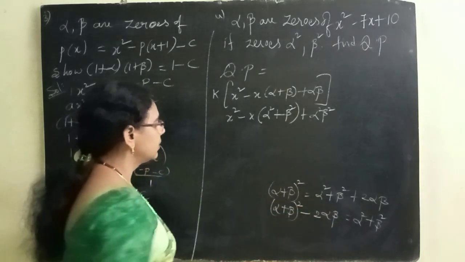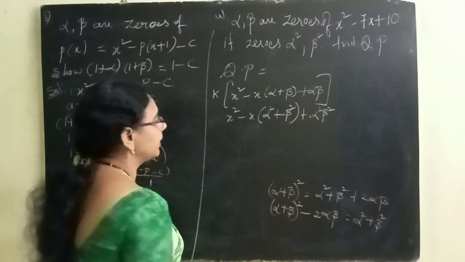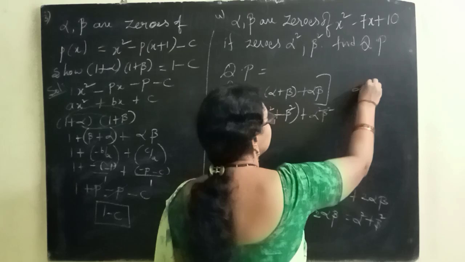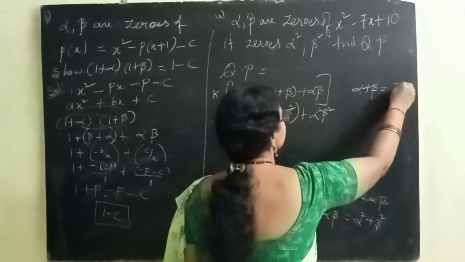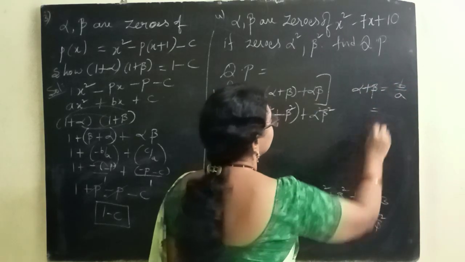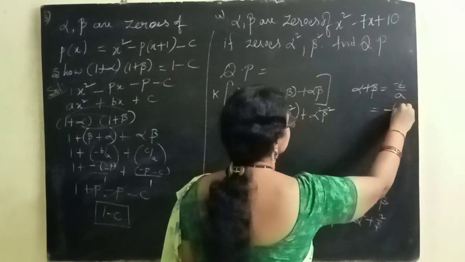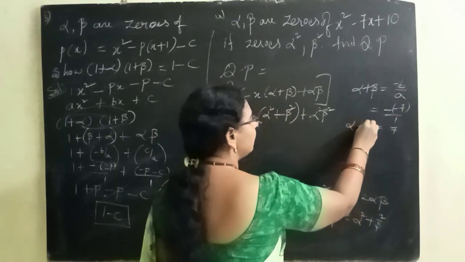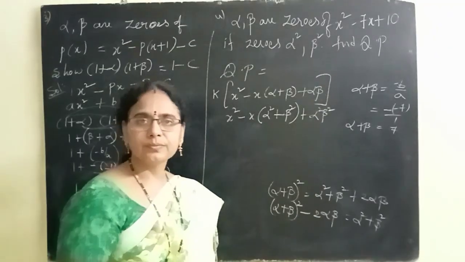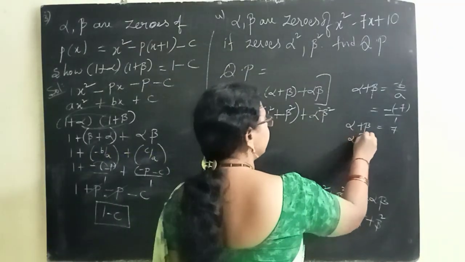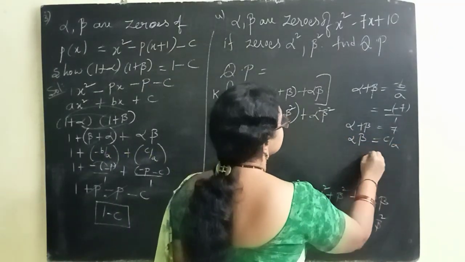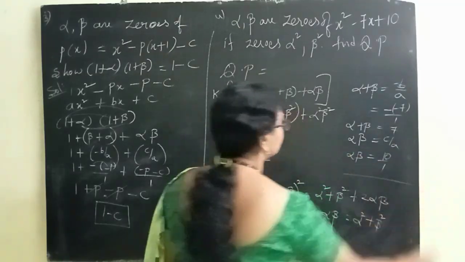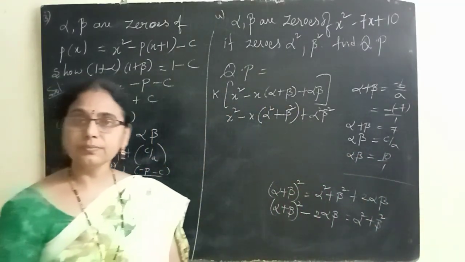Okay. So here alpha plus beta, sum of zeros, we know sum of zeros is minus b by a. That is minus b means minus of minus 7, a means 1, so 7. Alpha plus beta is 7. Alpha into beta is c by a. C means 10, a means 1, so alpha beta is equal to 10.